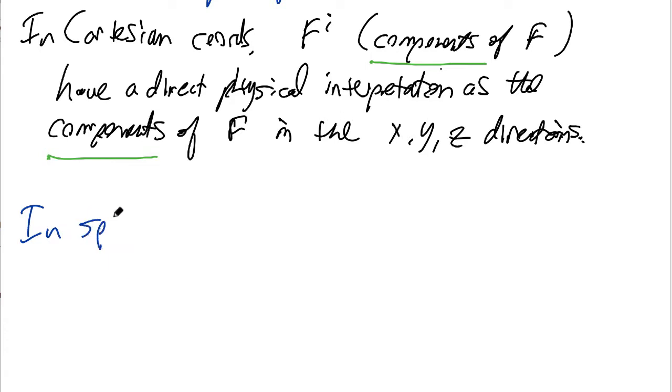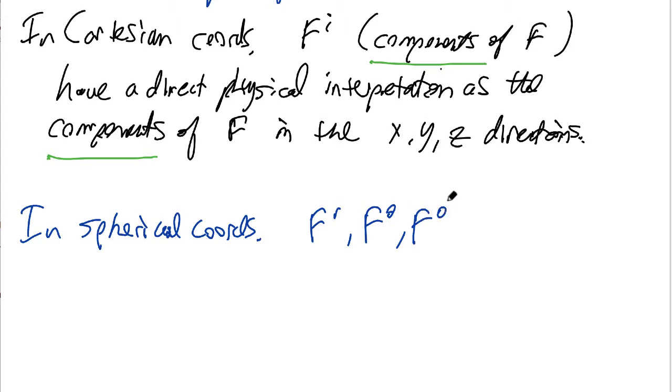So in spherical coordinates, the components of the force vector, f r, f theta, f phi, these are components in the sense of an expansion in terms of the basis vectors.